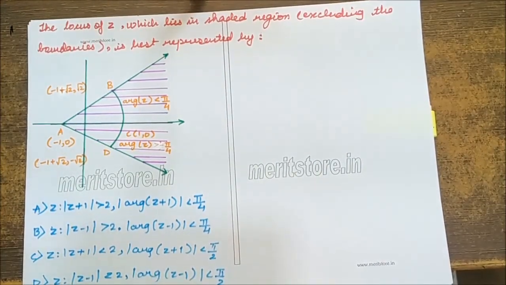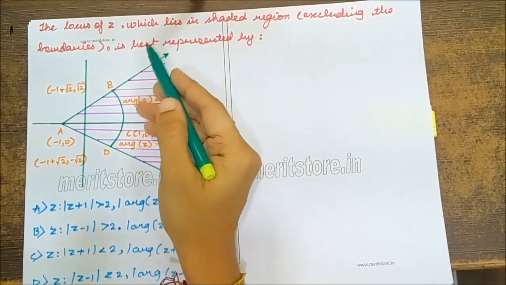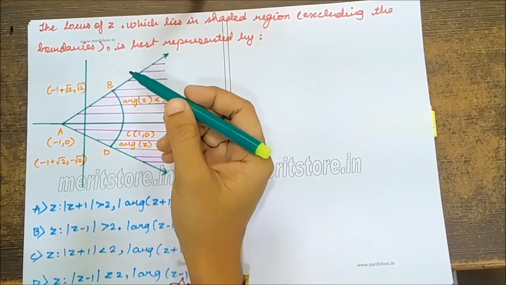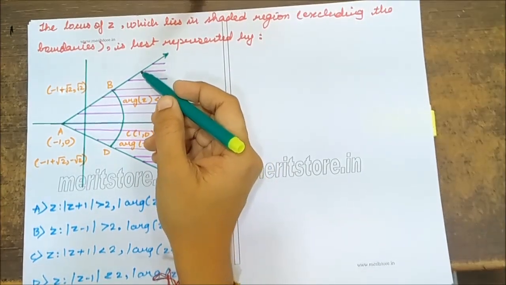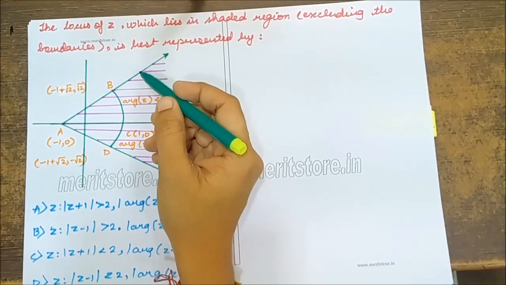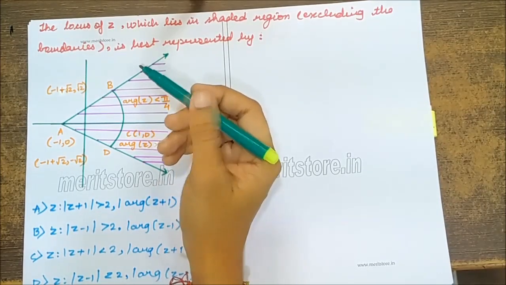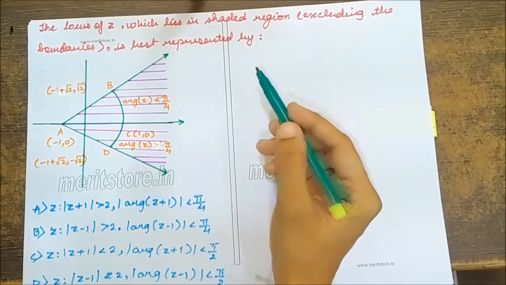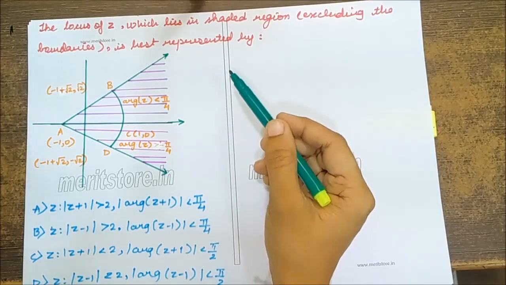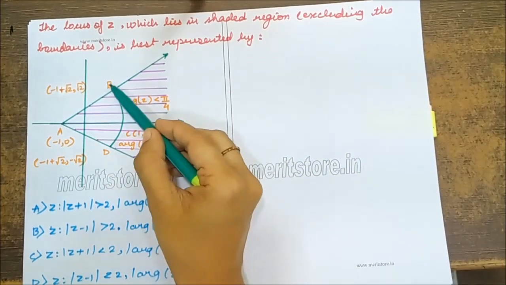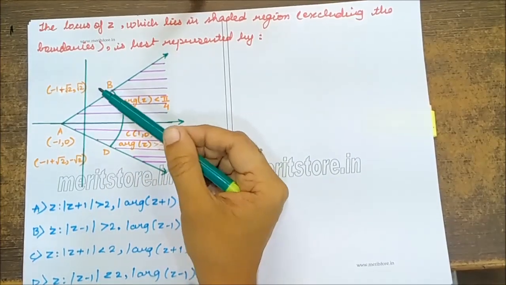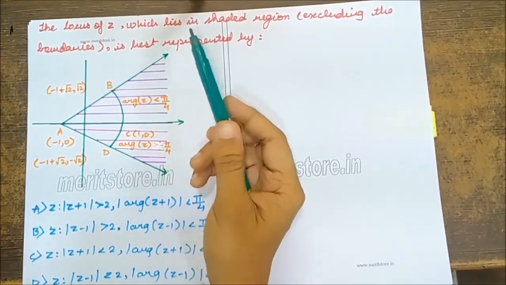The locus of z which lies in the shaded region excluding the boundaries is best represented by, starting with, here you will see AB will be equal to AD will be equal to AC.